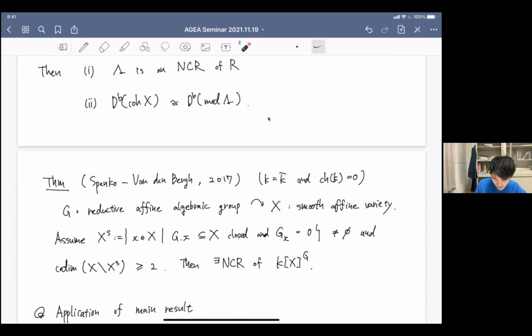Then there exists an NCR of the affine quotient of X by G.